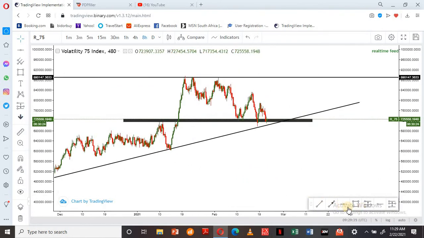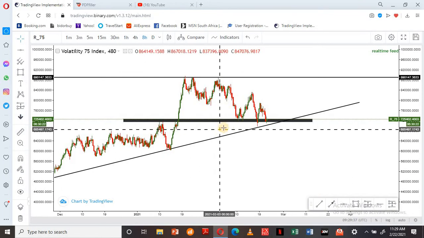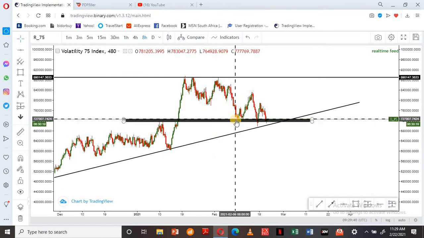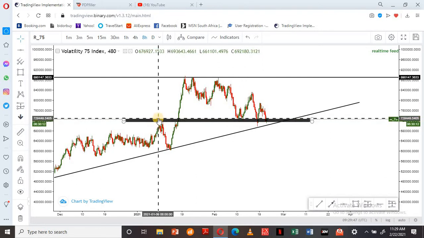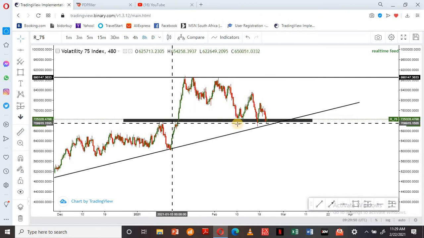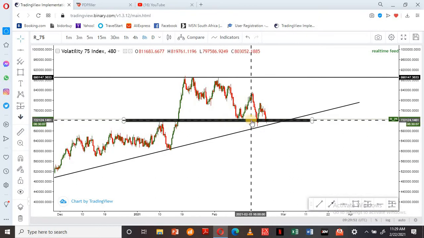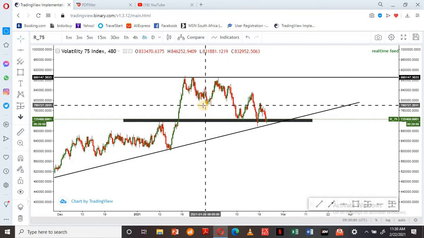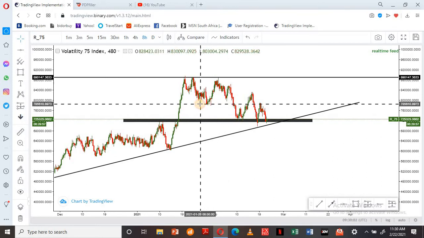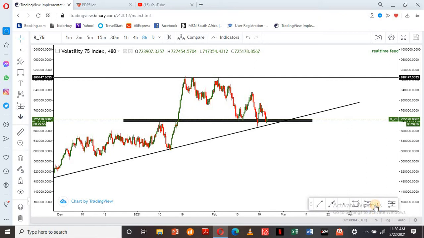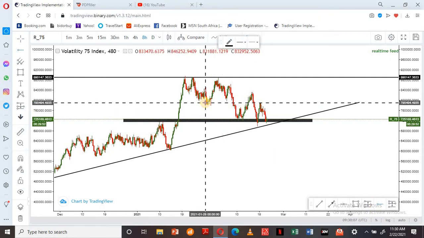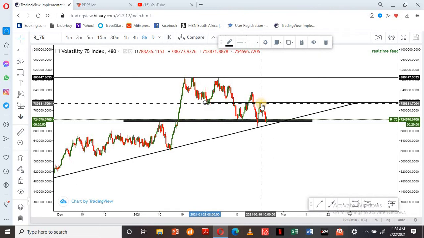We had our first support here, respecting the level of resistance here, and it came again, retested that level, respected that level, and came back here, and went back up, respected this level, came down again.